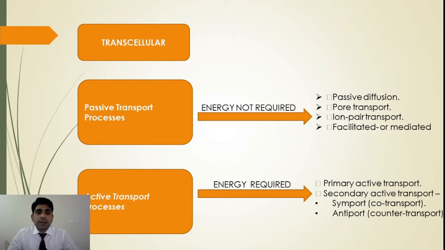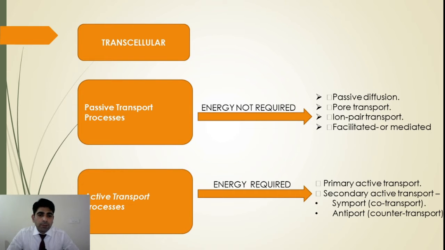As we can see, in the passive transport there is no energy requirement, and in the active process energy is required. Passive transport, where the energy is not required, is further divided into four types. First one is passive diffusion, second is pore transport, third one is ion pair transport, and fourth one is facilitated or any kind of mediated transport.